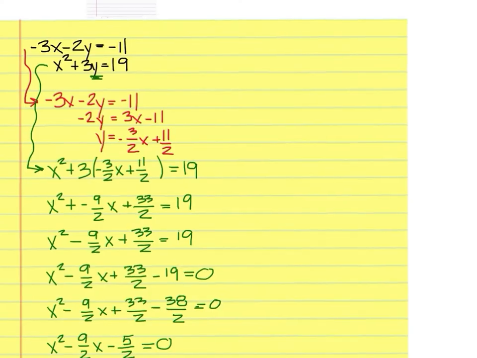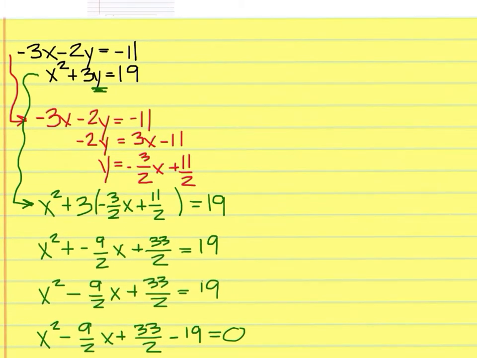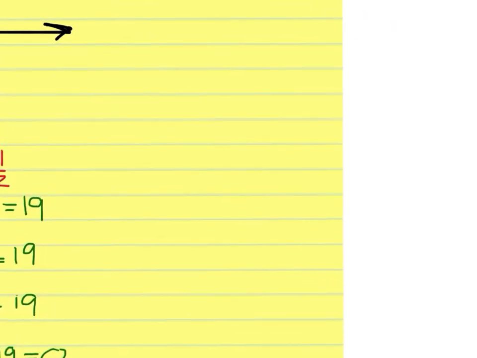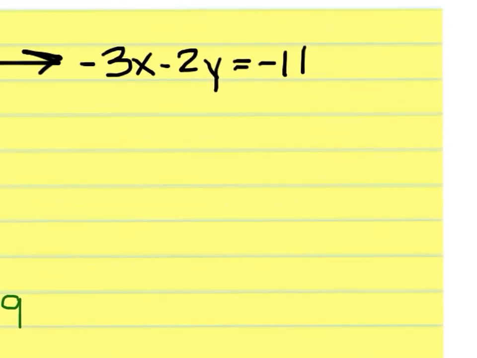So now we're back up here at the top, and we have to use those values of x in this equation, and that is negative 3x minus 2y equals negative 11. And the first value of x we found was 5. So we're going to put 5 in for this one and get negative 3 times 5 minus 2y equals negative 11.